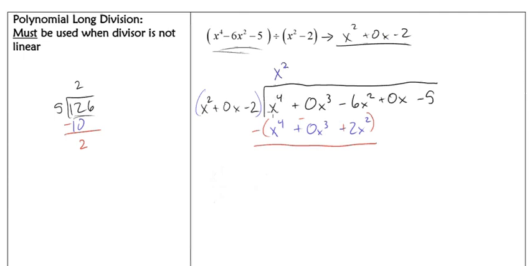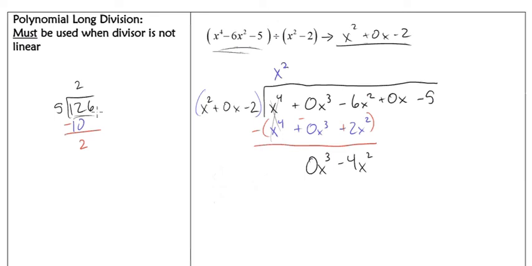So x to the fourth minus x to the fourth is 0x to the fourth. Those should cancel out. 0x to the third plus 0x to the third is 0x to the third. And make sure you keep that one though. We're going to need that. And negative 6x squared minus negative 2x squared. So that's why we changed to the plus here, is negative 4x squared.